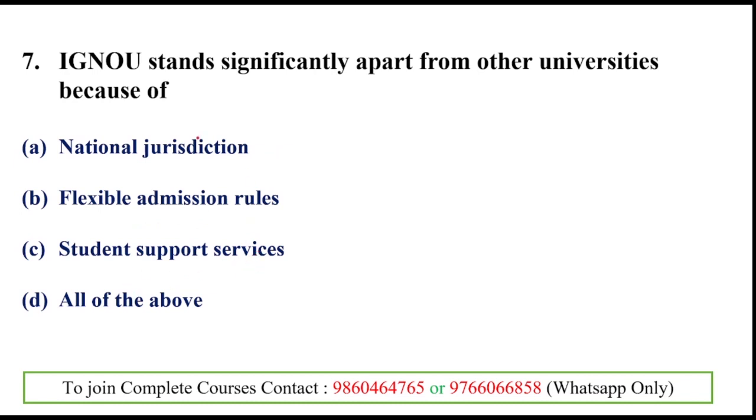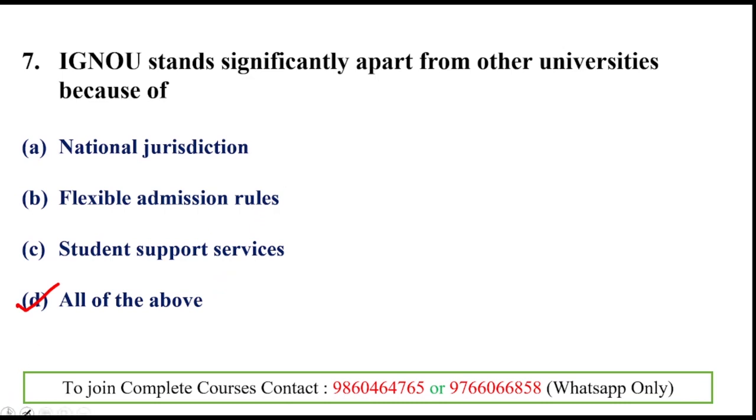And we all know that IGNOU is a university that provides flexible admission rules and also student support services. We can get the classes on an online basis, and also flexible admission rules and examination, and we can take any courses at any time without physical presence. So national jurisdiction means a power also different from that given to other universities. Okay, so all of the above is the right answer.